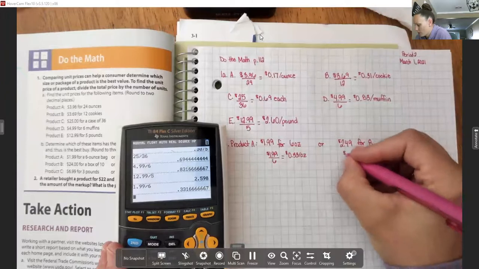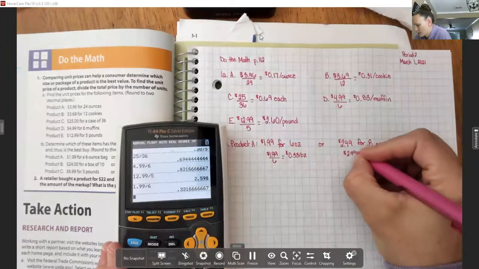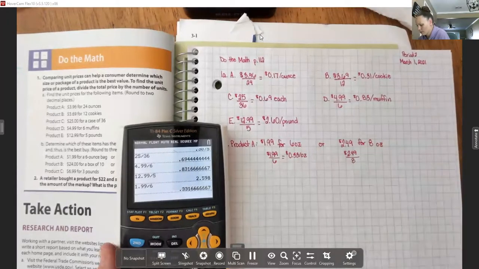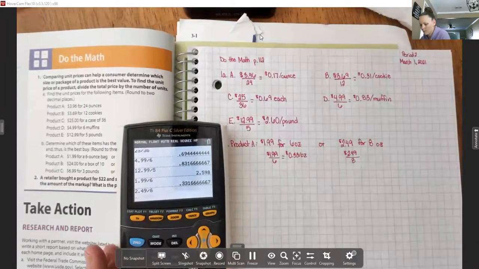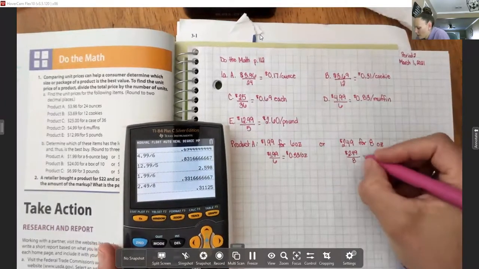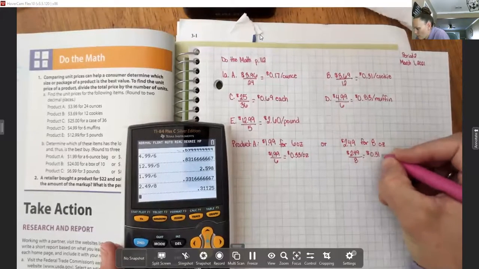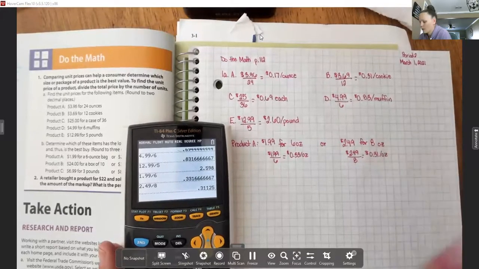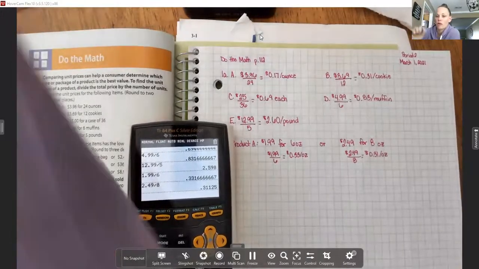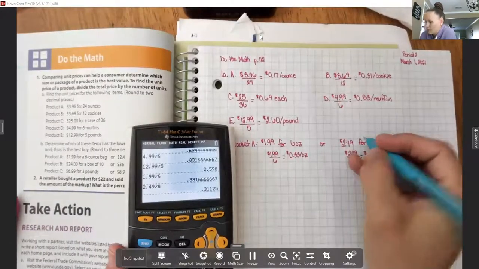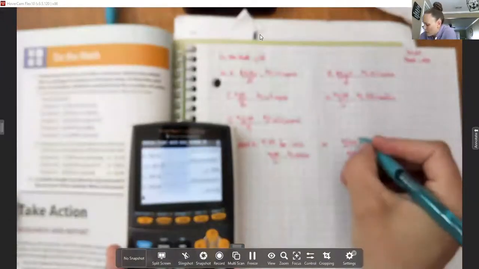Or the other option here is $2.49 divided by 8, which is 31 cents per ounce. That tells us this is our better buy.